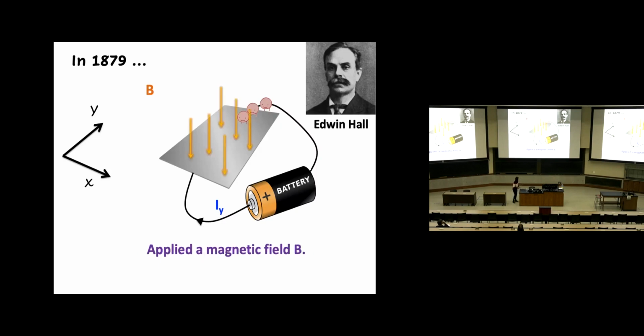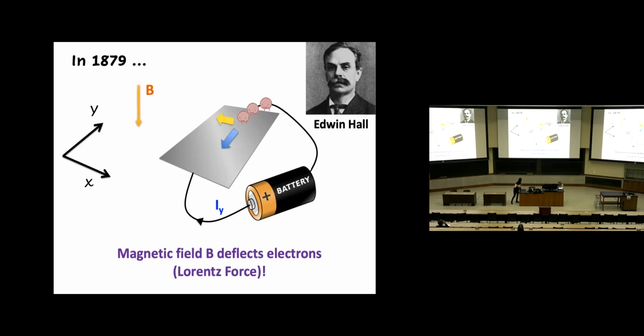Okay, and then what he did is he applied a magnetic field that's piercing through this gold leaf. Okay, and although it's really piercing through this sample, just for presentation purposes, let me move that arrow to the side, okay? And what's gonna happen? What the magnetic field is gonna do to the electron is the following, okay? This current is pushing electrons going in this longitudinal y direction, but this magnetic field is pushing the electrons sideways.